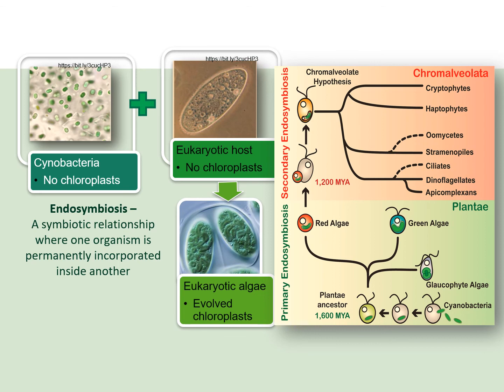The green and red lineages then underwent a secondary endosymbiotic event. This is where a second non-photosynthetic eukaryotic host came and took up different red and green algal cells into its own cell and incorporated them into its genome, further creating more diversity and more species of algae.